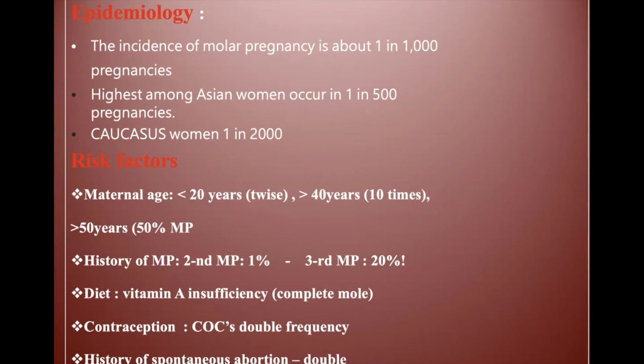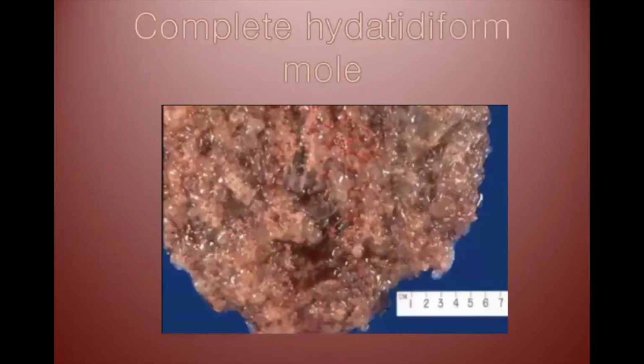The risk factors are early maternal age or late maternal age, a history of previous pregnancies with gestational disease, low vitamin A intake, and a history of spontaneous abortions. This group of women are at high risk for gestational trophoblastic diseases.